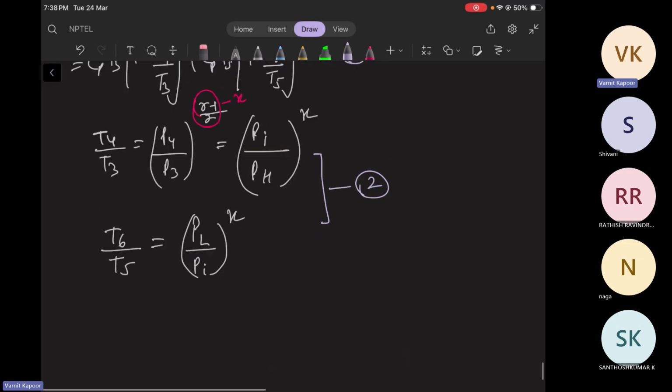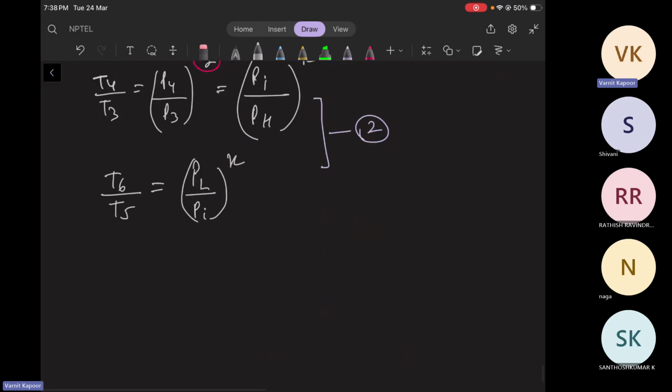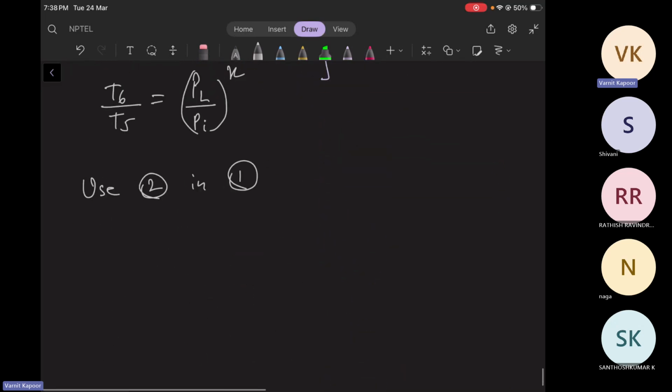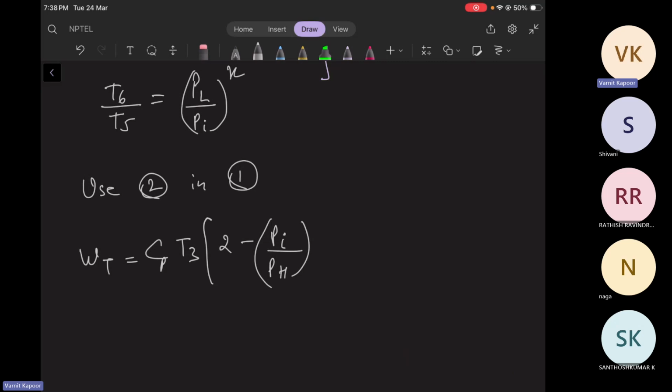Now use equation 2 in equation 1. Put these values in terms of I, H and L. So the work done by the turbine will come out to be Cp times T3 times (2 minus (Pi by P higher) to the power of x minus (P lower by Pi) to the power of x).